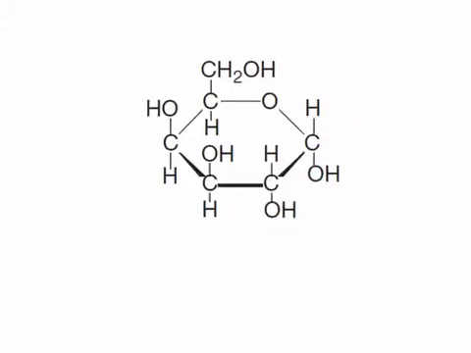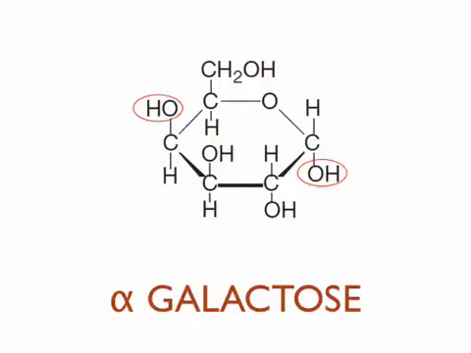Next one. You've got a carbohydrate in a ringed form. You have a hydroxide group bonded to a carbonyl carbon, but you also have the hydroxide group on the diametrically opposed carbon to the carbonyl carbon on the beta side of the ring. And therefore this is not glucose, but alpha galactose.